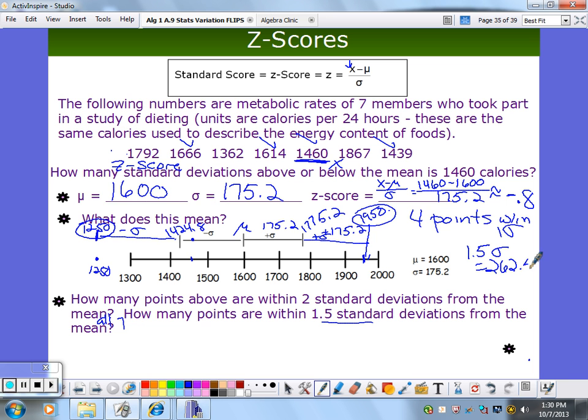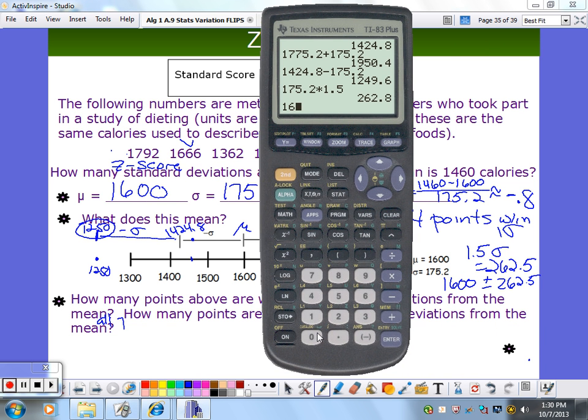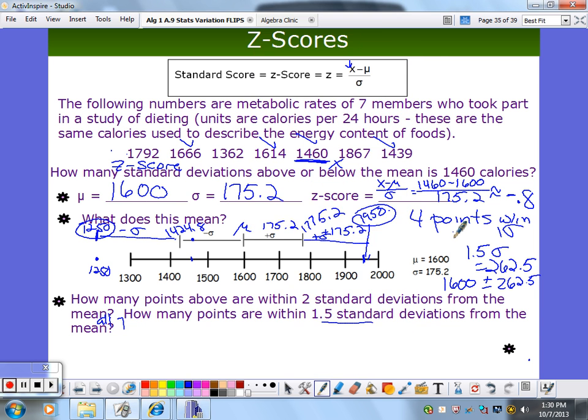So I'm going to go back to my mean of 1600. I'm going to add, and you're going to subtract, that value to find the limits for 1.5 standard deviations. So 1600 plus 262.8. That's 1862.